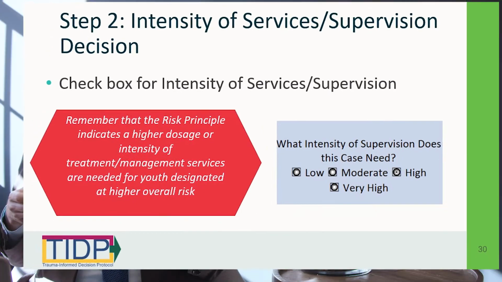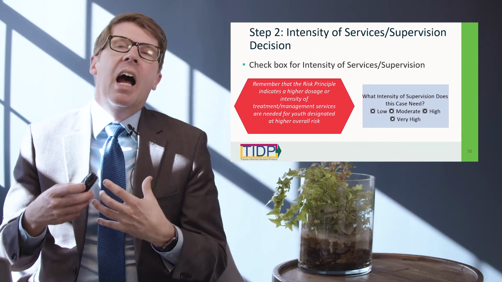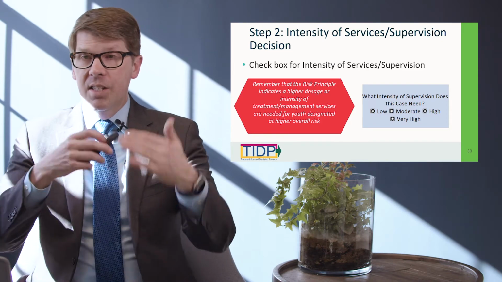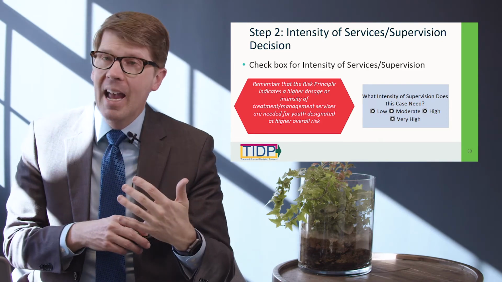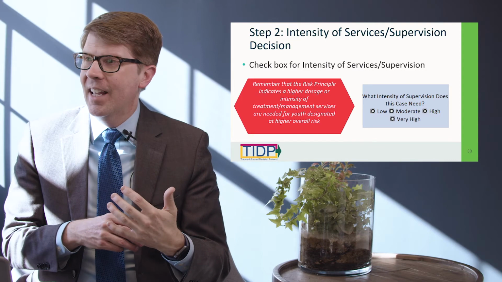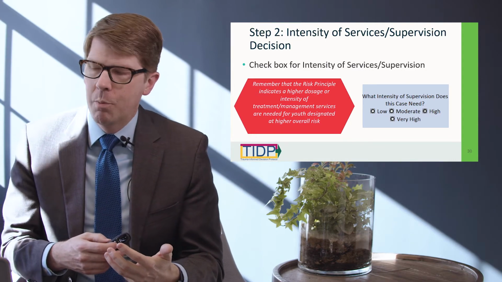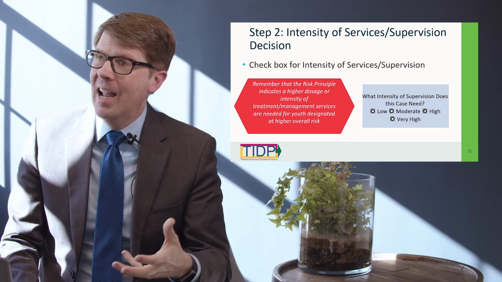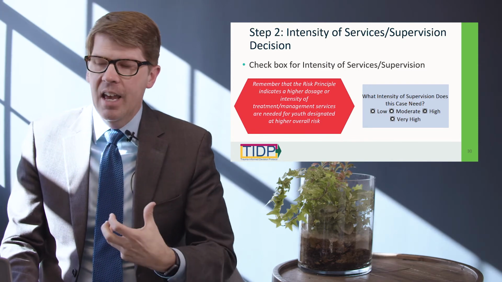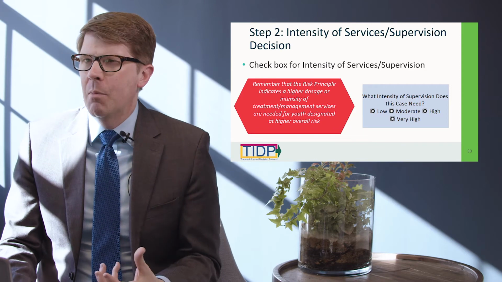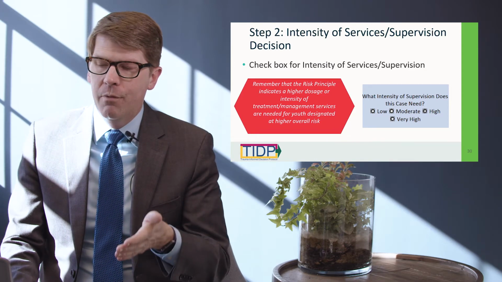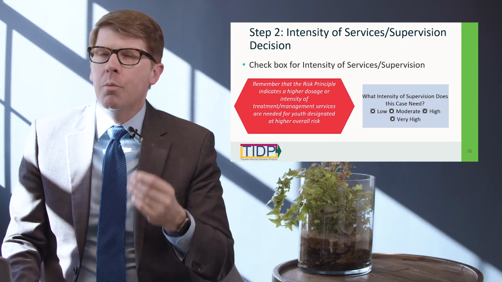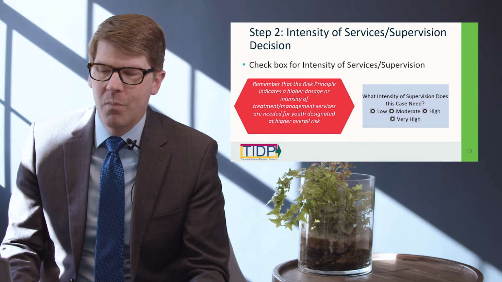Now remember that the risk principle, of course, indicates that a higher intensity and dosage of services are going to be needed consistent with that risk level. AJ is a high. And so from that, and as an extension of the risk principle, we can probably logically think about the number of moderate and high needs that AJ has, and we can probably anticipate that he should be identified as needing a high intensity of supervision and management.